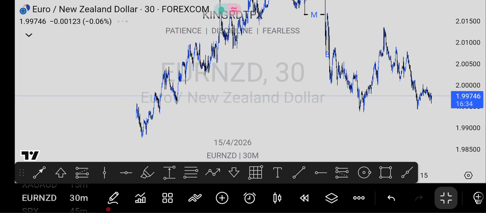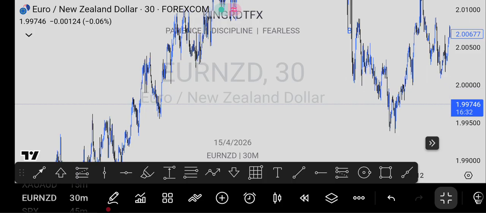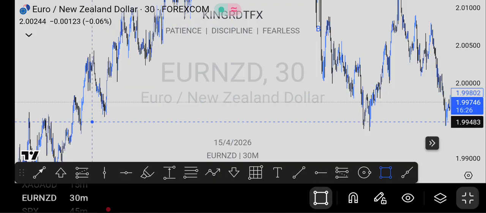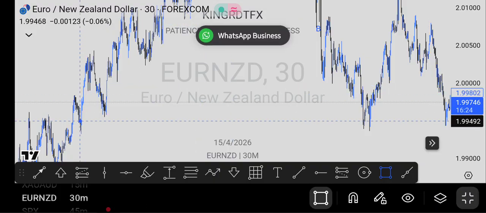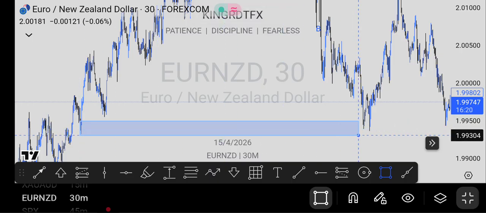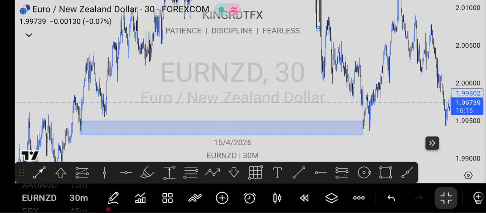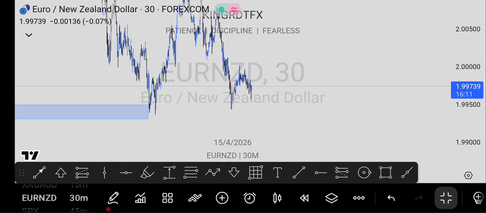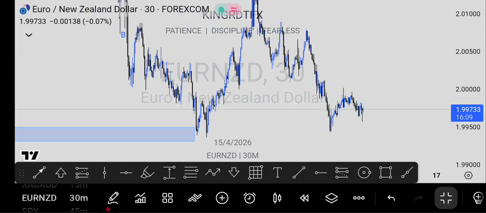Price is reacting from this 30 minutes order block right here. Nice. So now we see price is reacting from the 30 minutes order block.